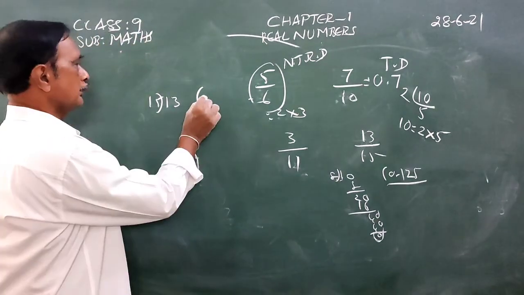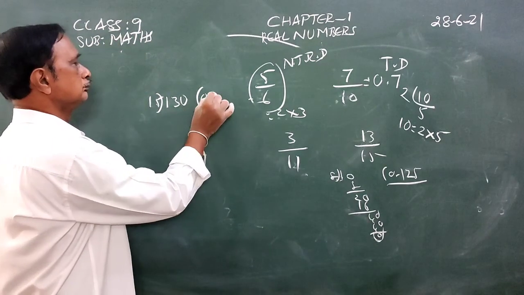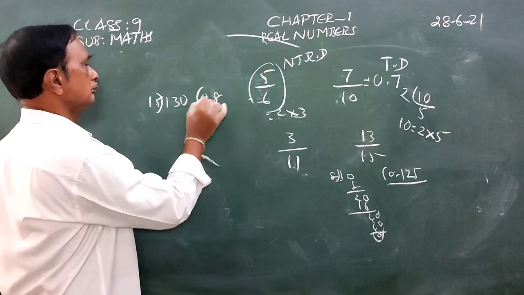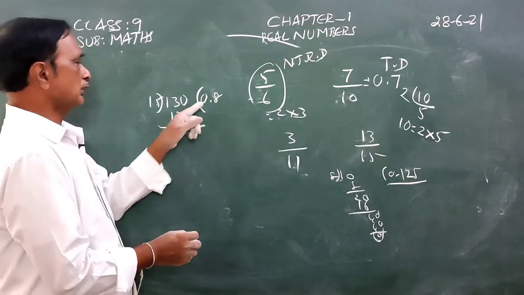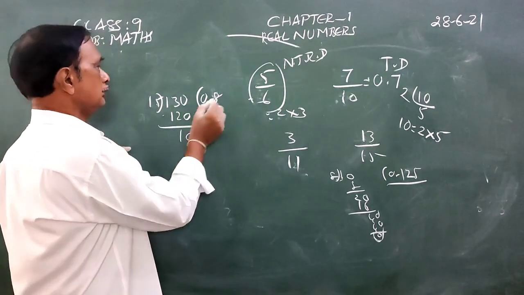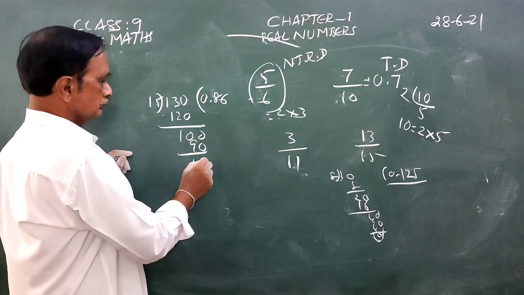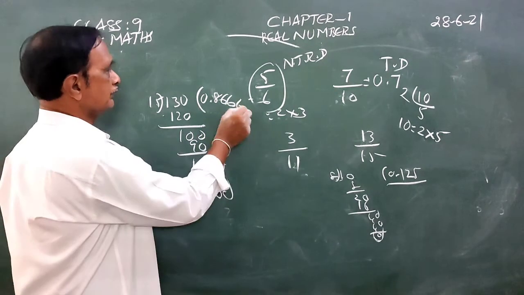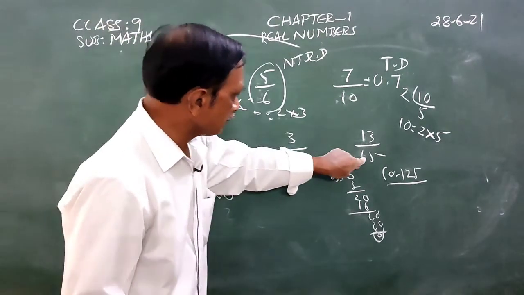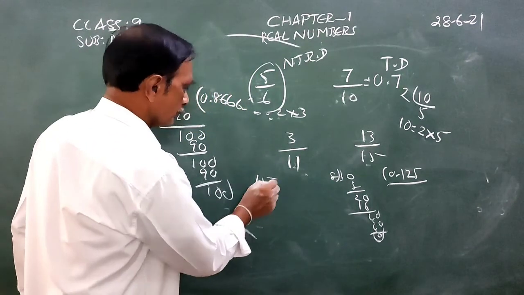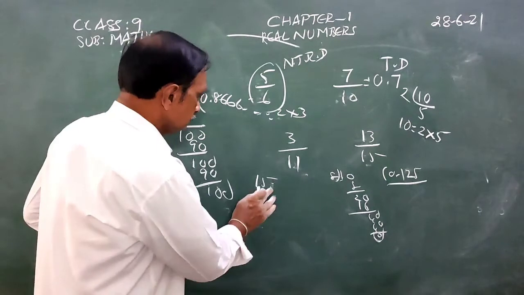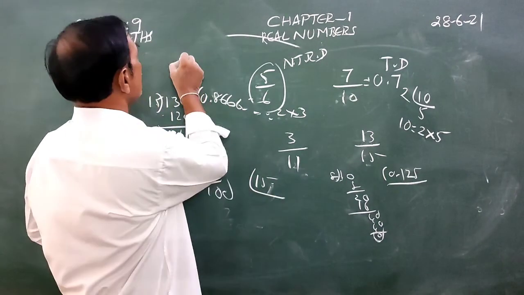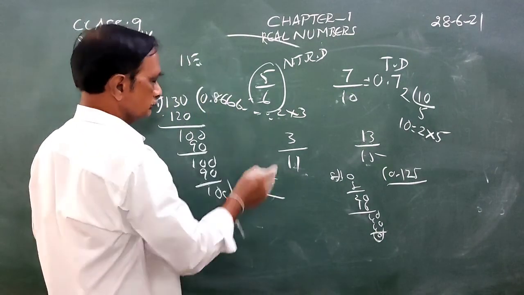Now see. 0.8 times 10 is 8, 56, 90, 0.86, and so on. Here you observe the denominator 15. What are the prime factors of 15? How do you write 15 as a product of primes?